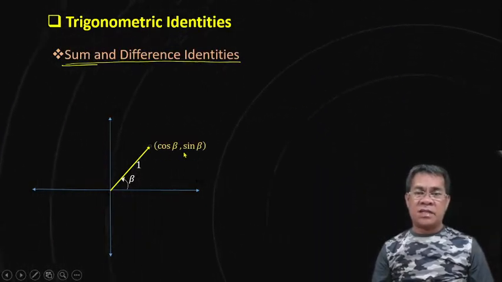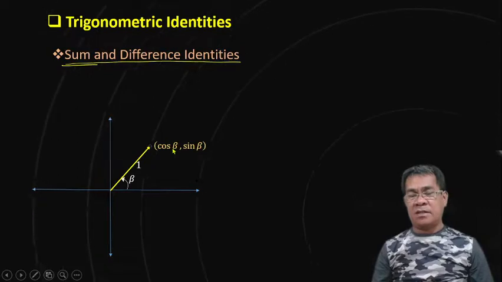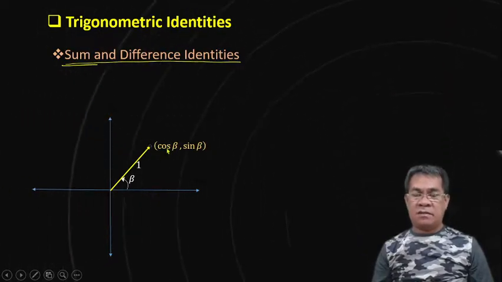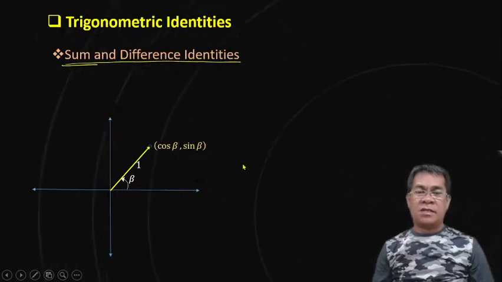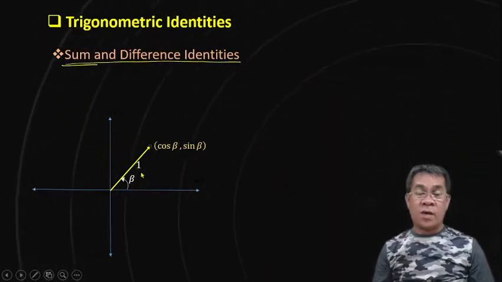So the abscissa and the ordinate can simply take the cosine and the sine of the angle beta. Why? Because the radius is 1.